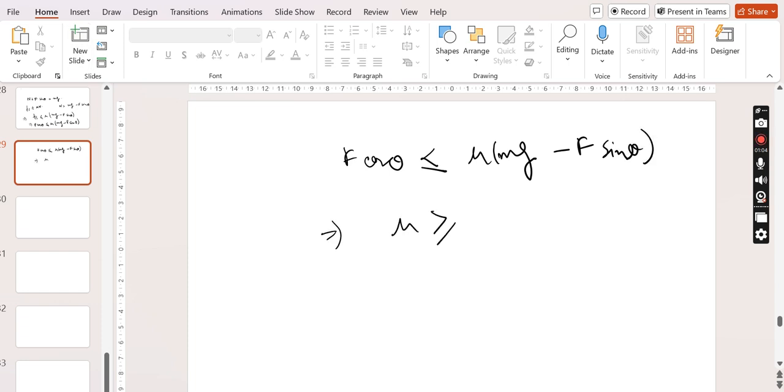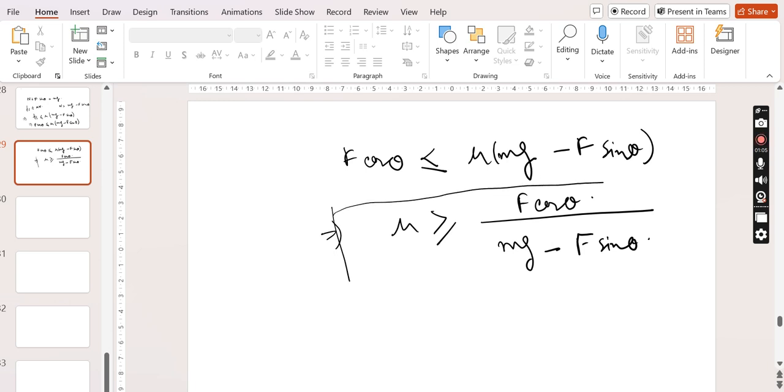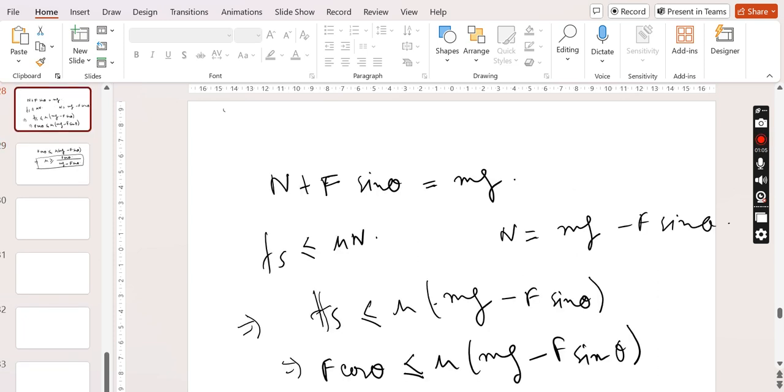So mu is greater than or equal to F cos theta divided by (mg minus F sin theta).